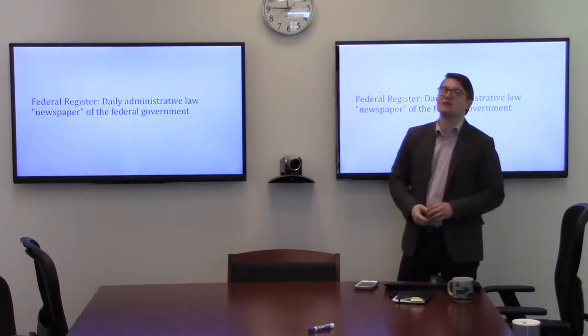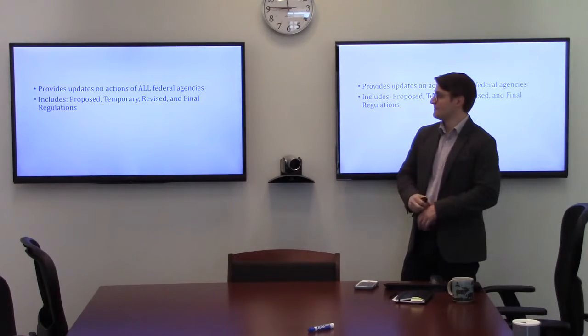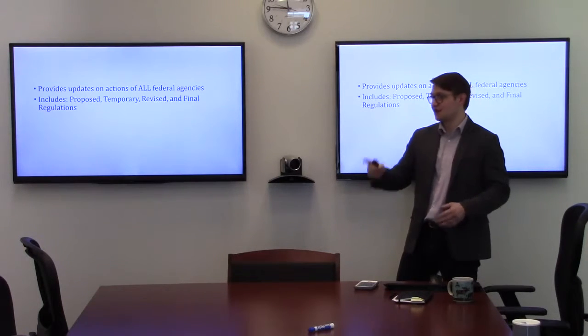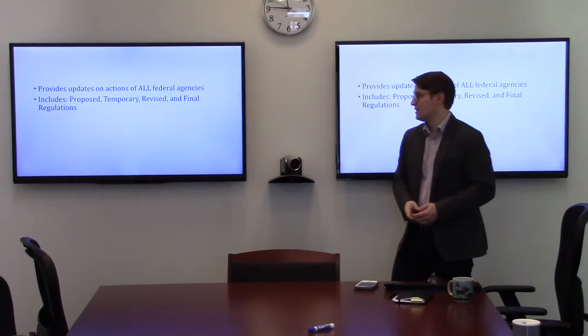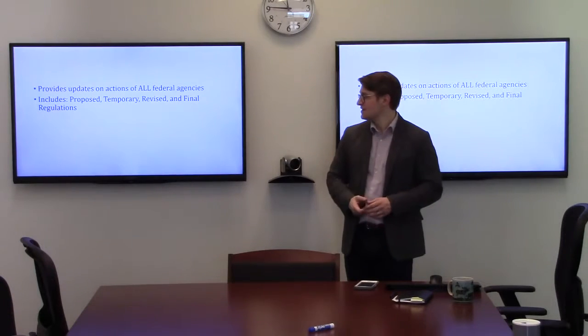It does provide you with updates on what every agency is doing. So it's all of the agencies, and it's also all of their actions. Not just notice and comment rulemaking, but also what they've been doing with enforcement and other aspects of agency work.